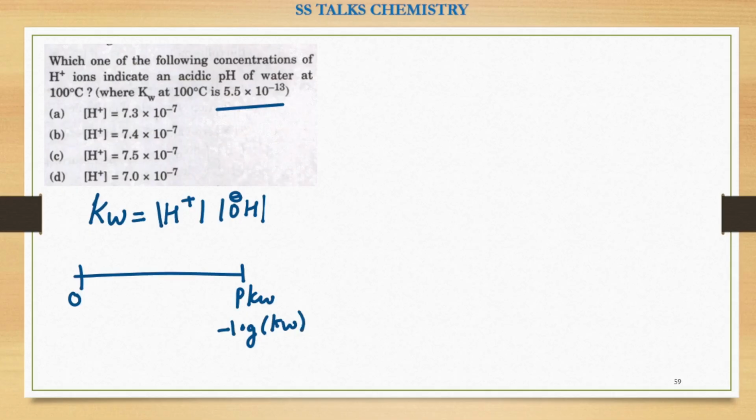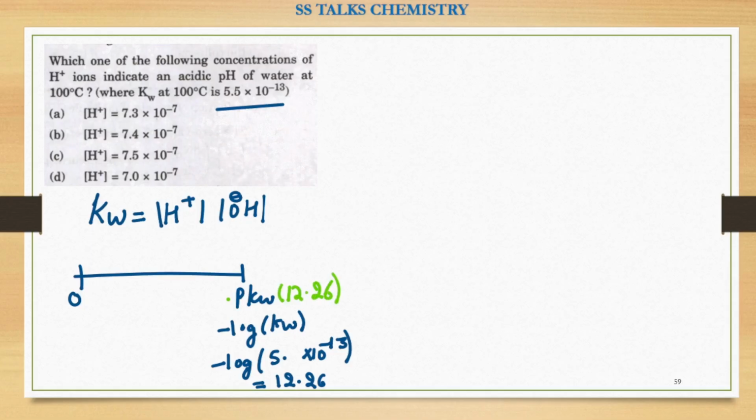So from here, if we see the negative log of this Kw value, which is 5.5 into 10 raised to the power of minus 30, you can solve this and find the value of pKw, which we will get as 12.26. So the pH scale is now, instead of 0 to 14, from 0 to 12.26.